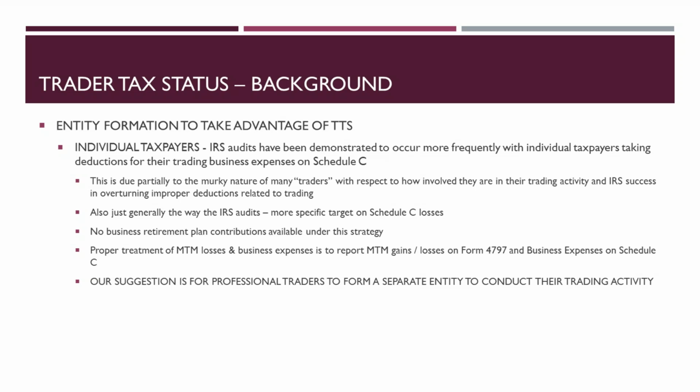In the thousands of tax returns I've prepared, I've seen one S corporation out of 2,000 business returns get audited. I had nothing to do with the S corp, but I actually represented the client in helping them get out of the audit issue. But in any event, I've only seen it happen once in the thousands of business tax returns I've prepared. On the personal side, it happens much more frequently.